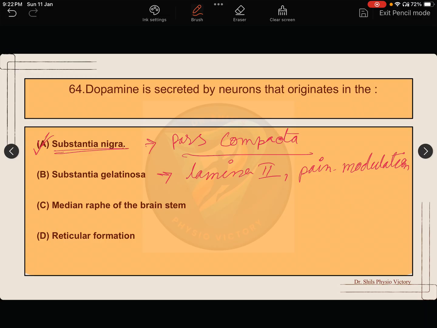It mostly contains enkephalin, GABA, and median raphe of the brainstem is a major source of serotonin.